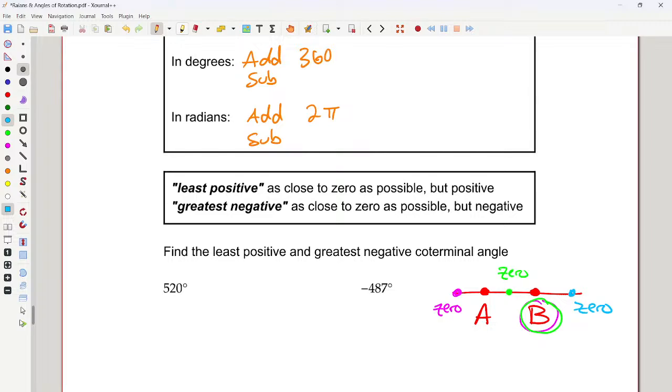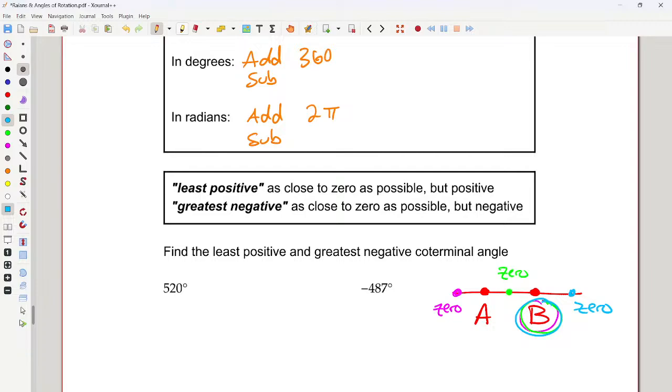B still is. B is always the greater number. I didn't expect us to have that conversation, but this is cool. We learned something. It doesn't matter where you are on a number line. Whoever's on the right is the greater number every single time.